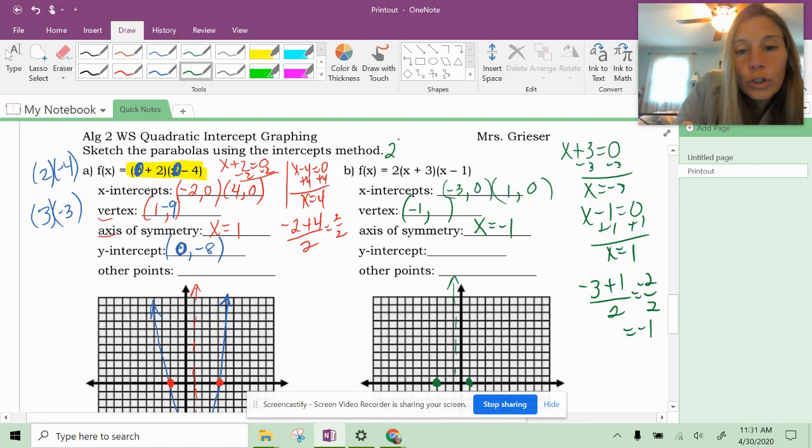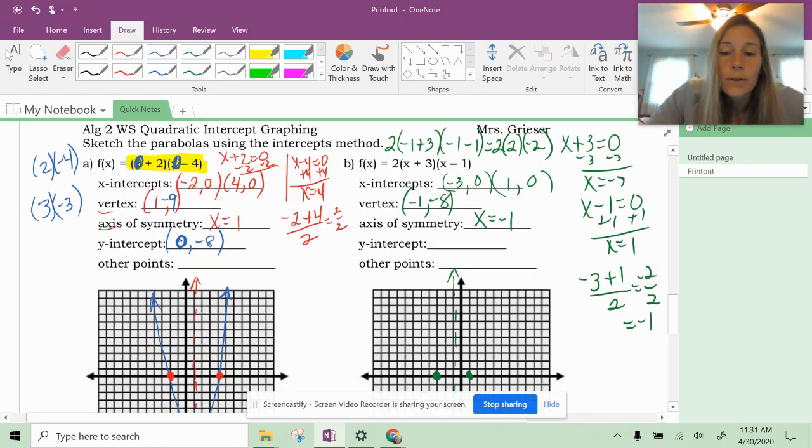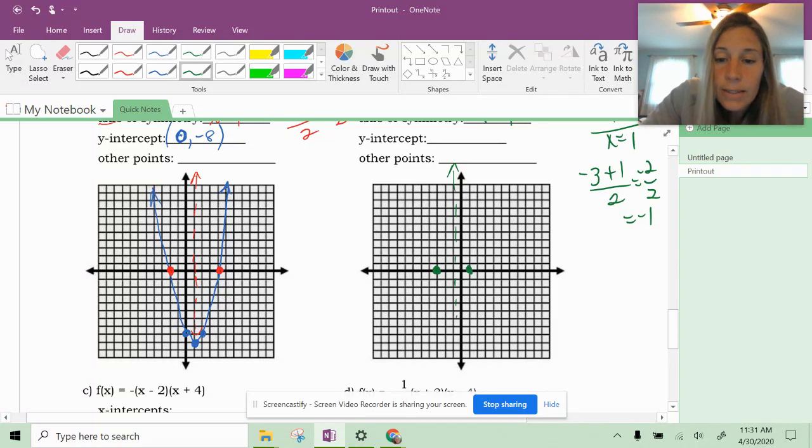So if I do 2 times -1 plus 3 times -1 minus 1, that's going to be 2 times -2 times -2, which is going to give me an 8... so now I know my vertex, which is -1, -8, 1, 2, 3, 4, 5, 6, 7, 8.